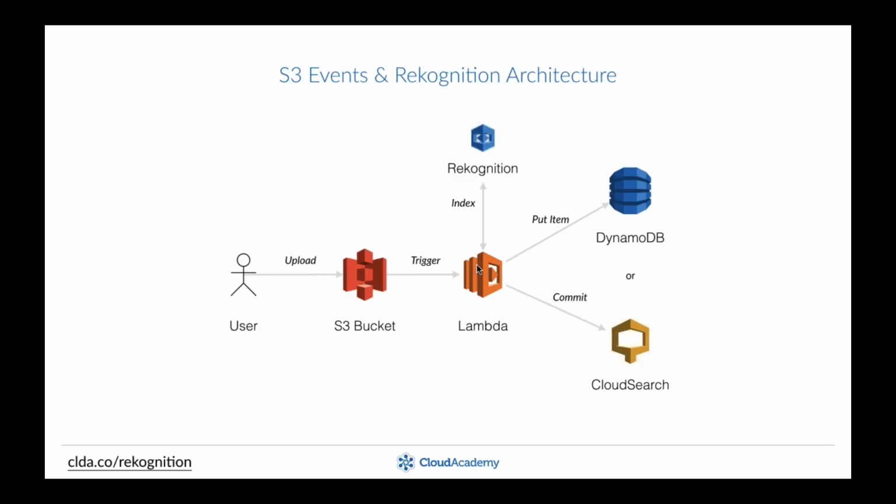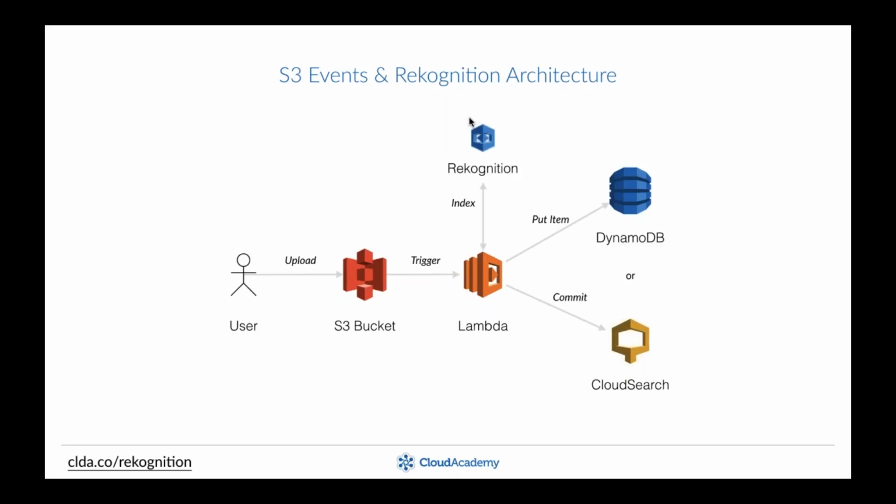Inside the AWS Lambda function, you can call Rekognition, index that face, and once you have detected objects or faces from that image, you can update some kind of database, for example DynamoDB. Or, if it's a search application, you can commit a new item in your cloud search service inside Amazon. So this is a way to automate the whole process.